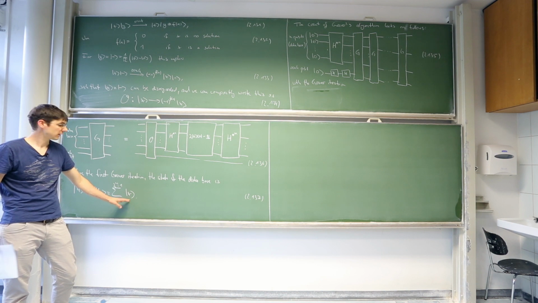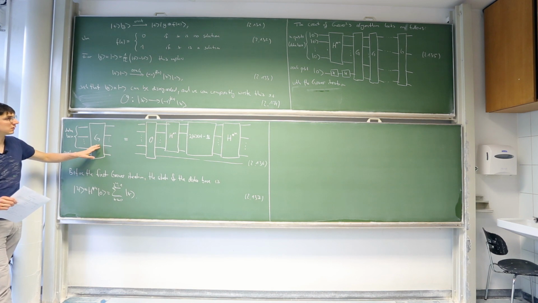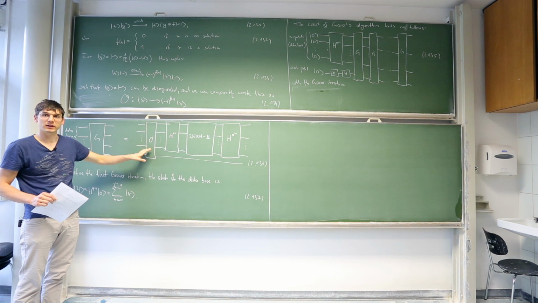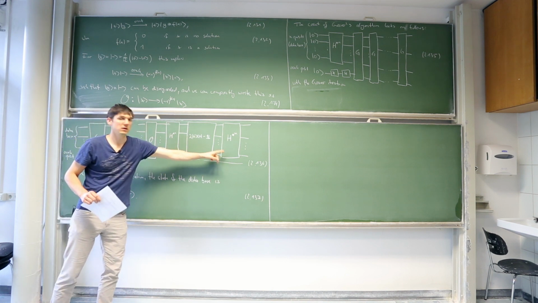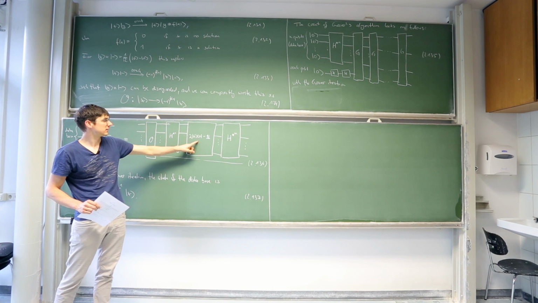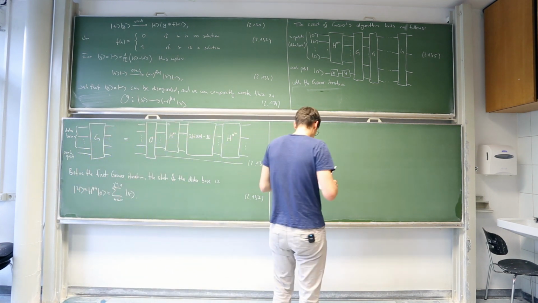To see what these Grover iterations do, let's first calculate what a single Grover iteration does. So this is the single Grover iteration. We have first the oracle and then this part here. So let's start with this part, with the Hadamard and then this operation and the Hadamard.